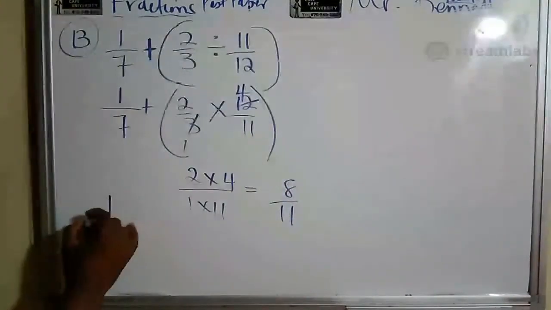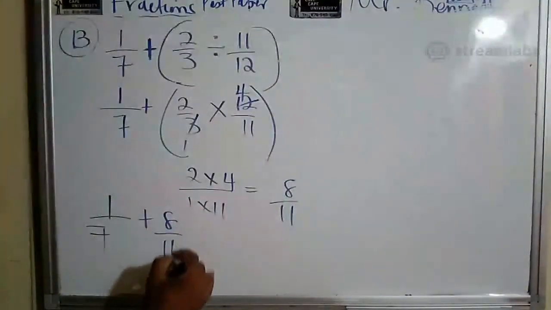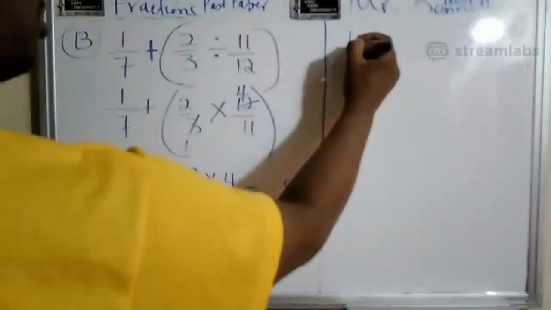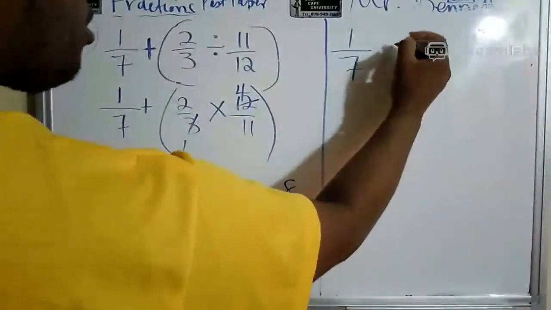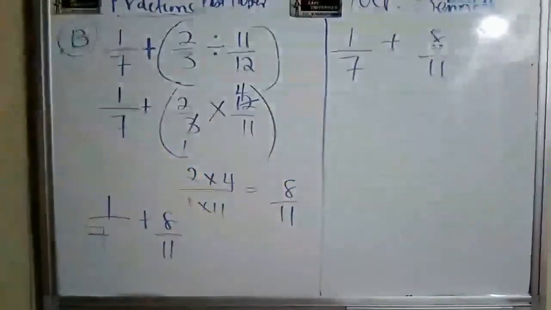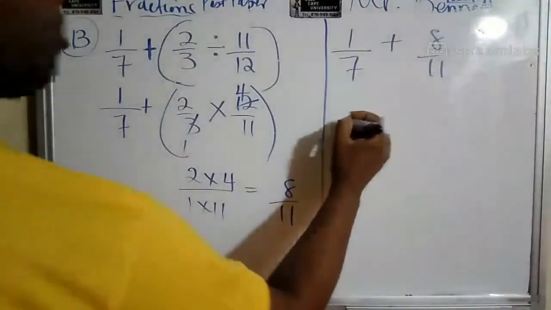So it's 1 over 7 plus 8 over 11. I'm going to rewrite it up here, so I want everyone to see it clearly. So it's 1 over 7 plus 8 over 11. And we know that once you're adding and subtracting, we must bring them to a common denominator.